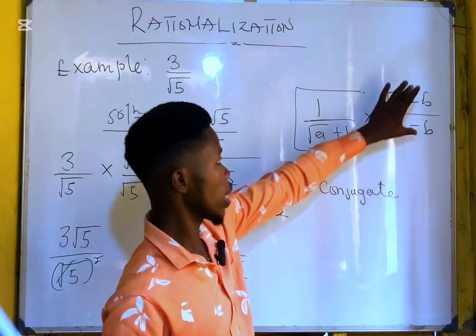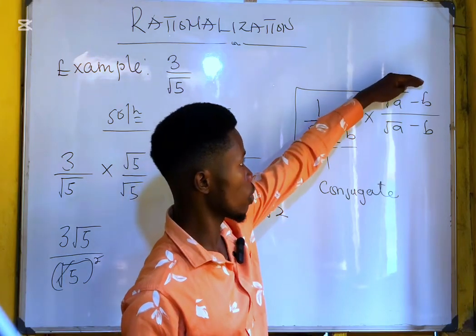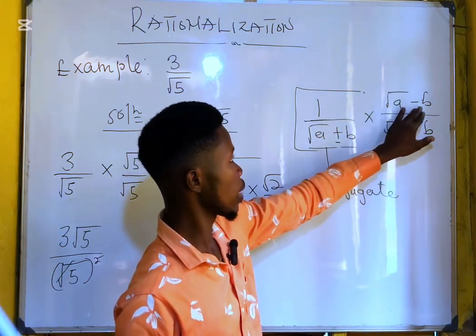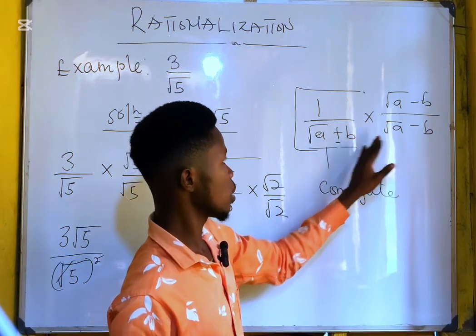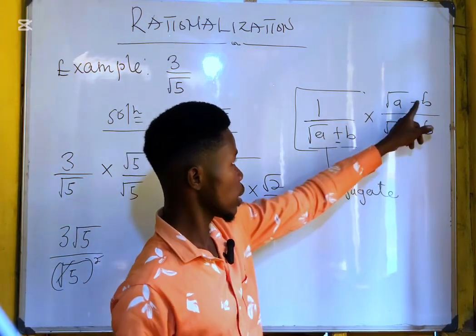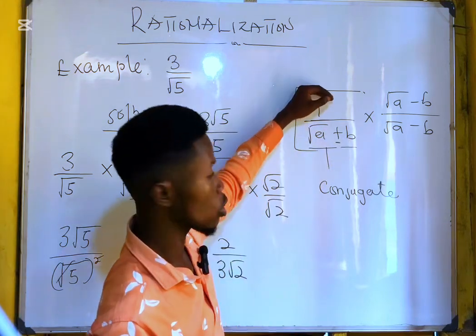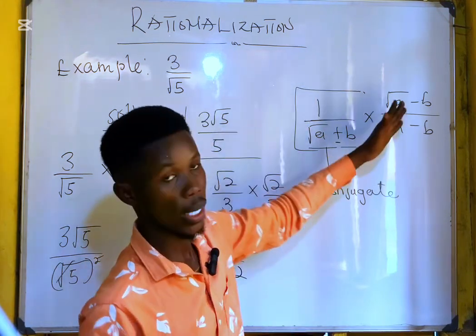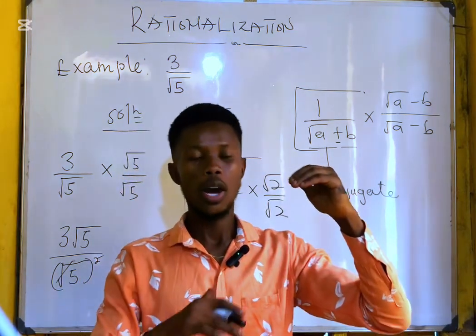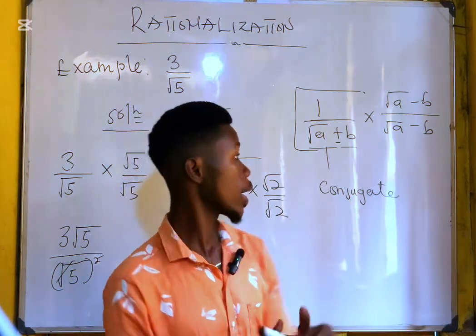So if here is plus, when you come here, you become minus. You realize that I've not done anything to this one. If I take the whole of this over this, I'll get 1. So 1 times root A minus B, then root A plus B, root A minus B. So the plus here will change. If it happened that the surd is on top, then you also rationalize it. If we have one where the surd is on top, or at the numerator and the denominator. Example is this.